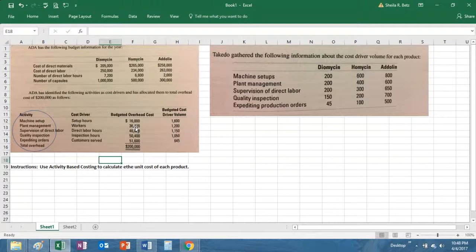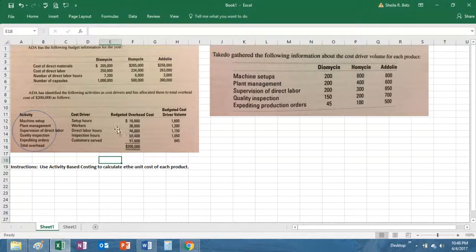They did the same thing with plant management. This is where probably all your plant supervisor salaries are going to be. Quality inspection would be quality control salaries. Maybe they're also looking at the other indirect costs, like the amount of space quality control takes up at the factory, so what portion of rent would go into that group.